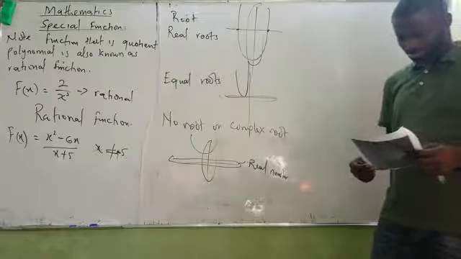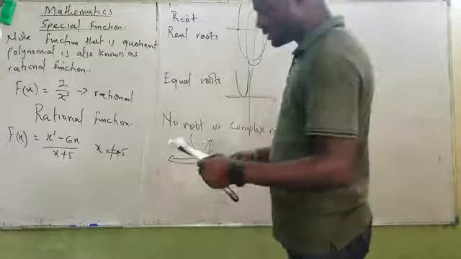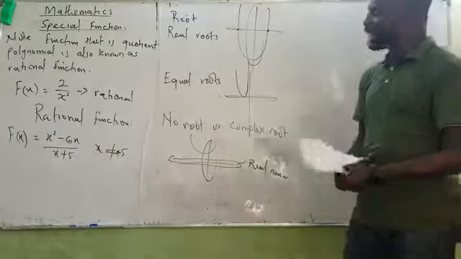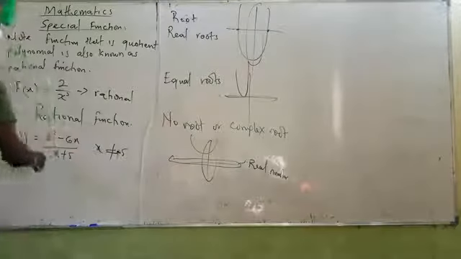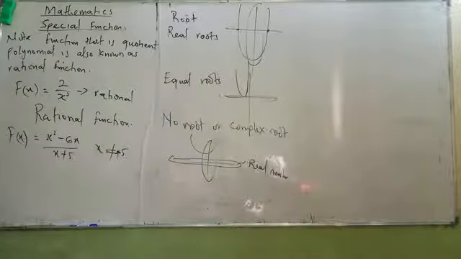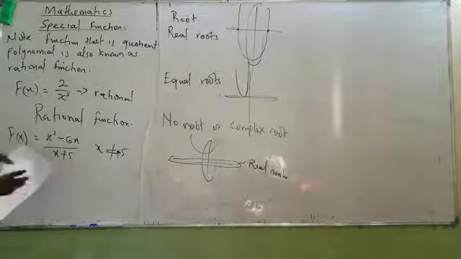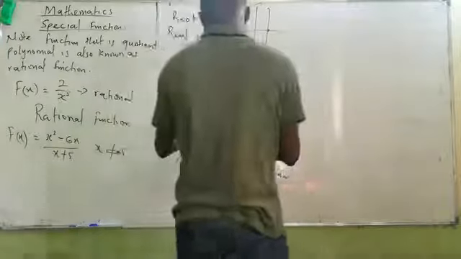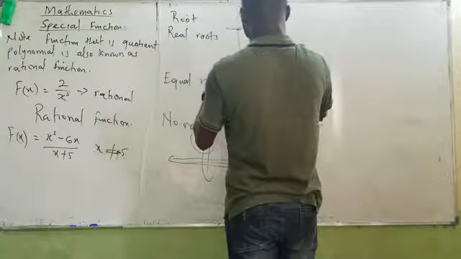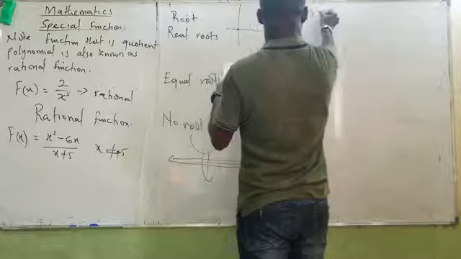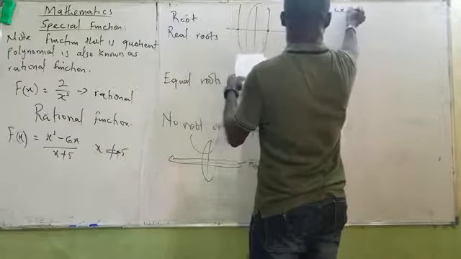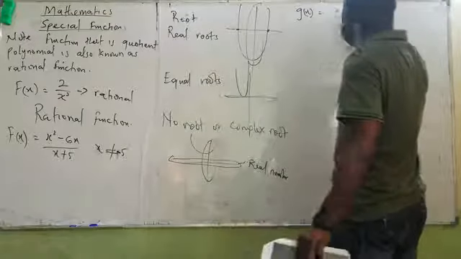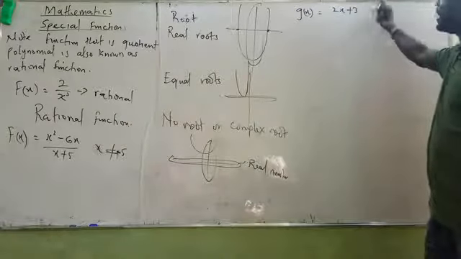And in a rational function, the numerator and denominator are each polynomials. Now, for instance, if this one can be cancelled out, it can generate what we are trying to work on. For instance, look at this now. I have g of x equals 2x plus 3. Can we call this one a polynomial? Yes, it's a polynomial.